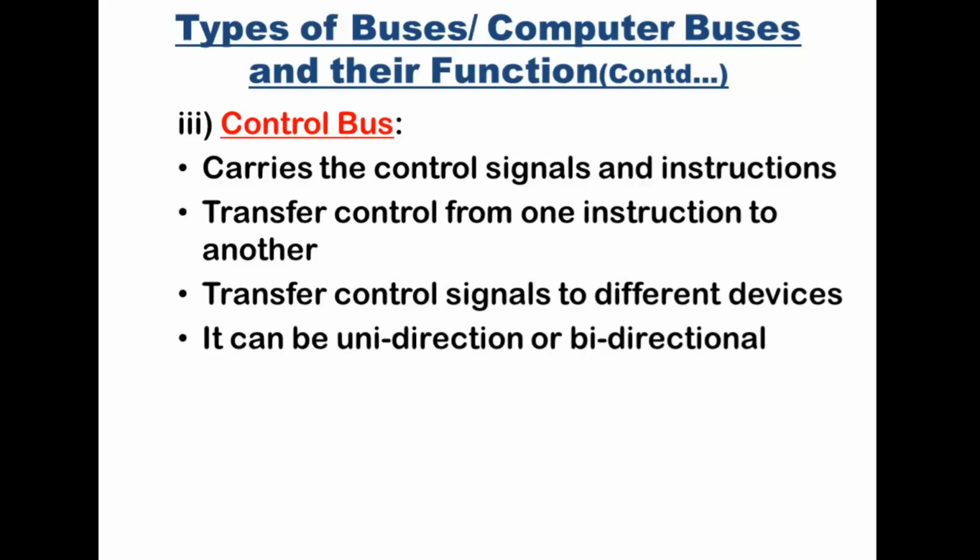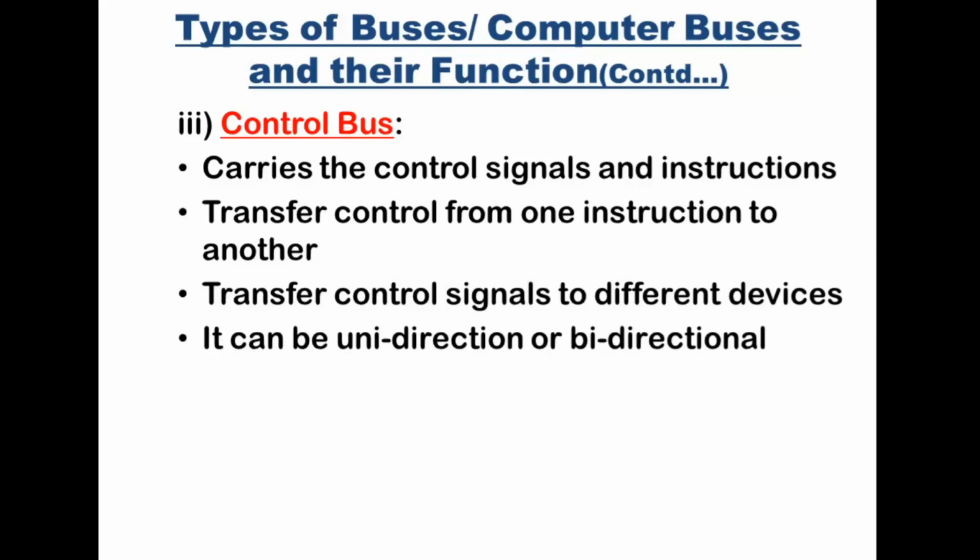When we are executing a program, the instructions are executed one by one, one after the other, in a sequence. Transferring control signals to different devices is the function of the control bus. The control bus can be unidirectional or bidirectional.